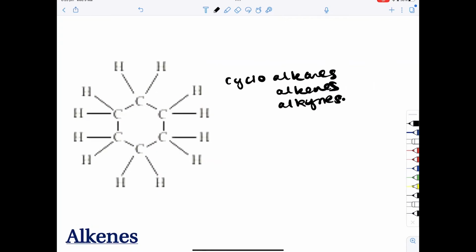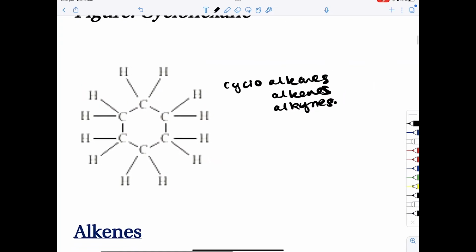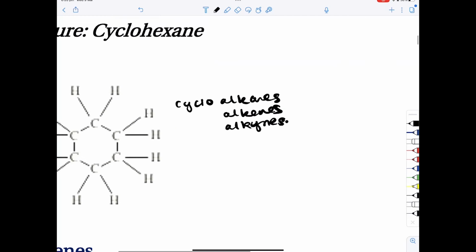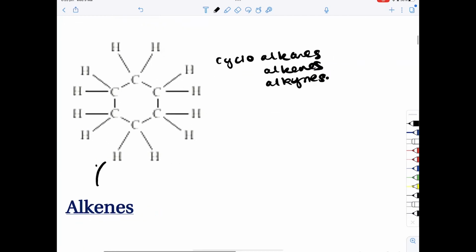Let's talk very briefly about the formula. What's the formula of this cyclic hydrocarbon, this one right here? What are the numbers? You can quickly count and tell me. It's C6, what's the H? Quick. 12. Good. Does that align with your understanding of a linear alkane?